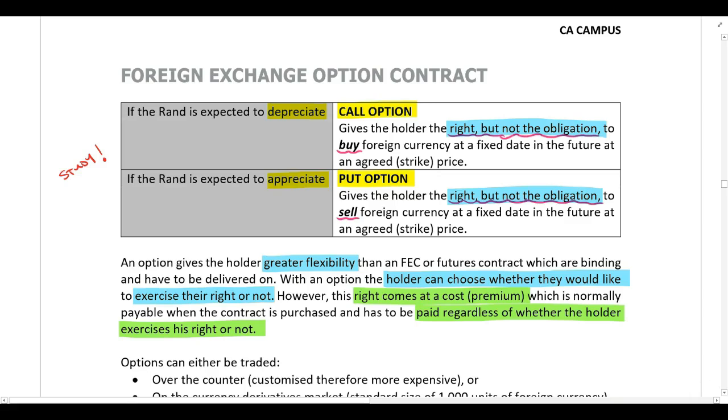So if you enter into an options contract, you have the choice as to whether you want to exercise that option or not. So you will only exercise the option if it's in your favor and you are going to make a gain. If you are going to make a loss, you would not exercise the option. However, regardless of whether you exercise the option or not, you still have to pay this premium.